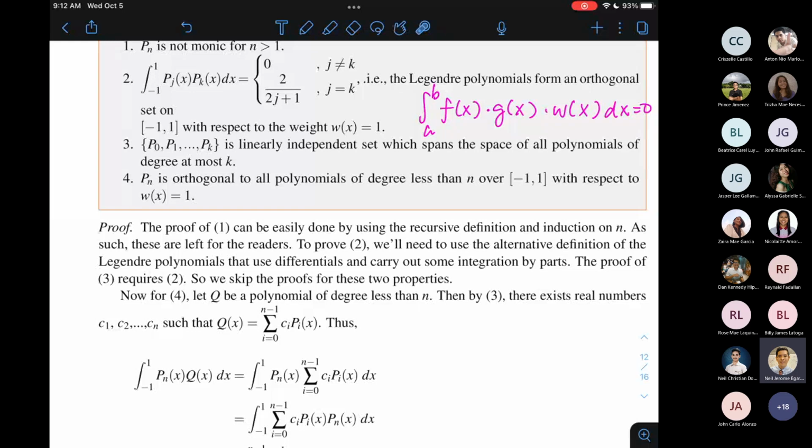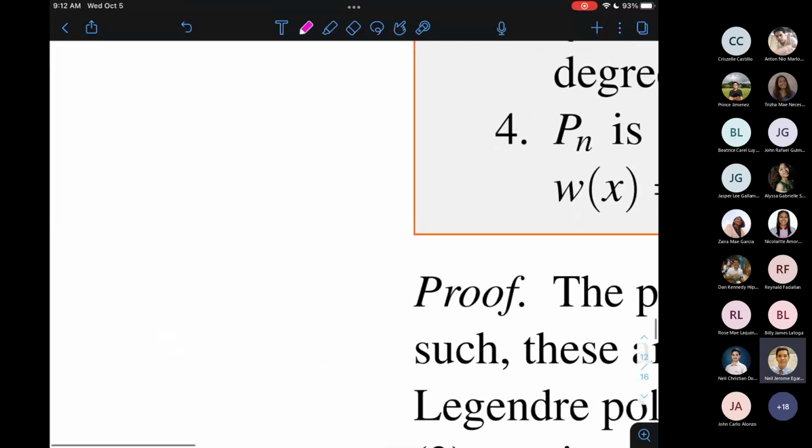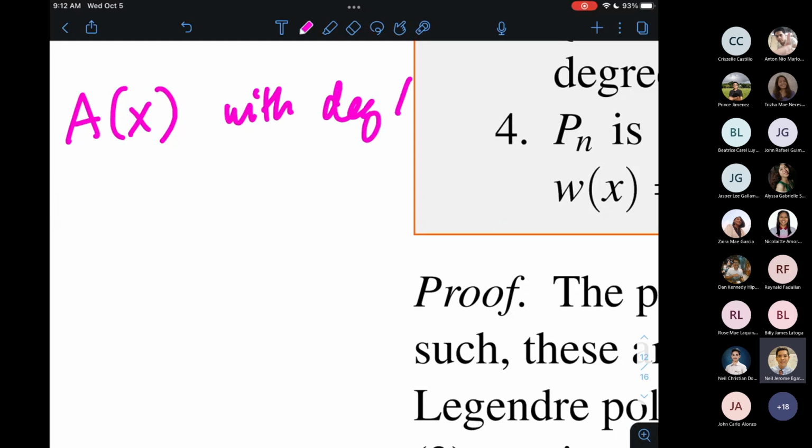So ibig sabihin, pag may naisip ka na polynomial, halimbawa a of x, kahit anong polynomial yan with degree less than or equal kay k. Alright? So kahit ano pang polynomial na ang degree ay less than or equal to k ay kaya kong isulat as a linear combination ng mga Legendre polynomials.